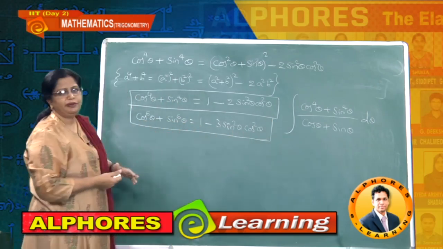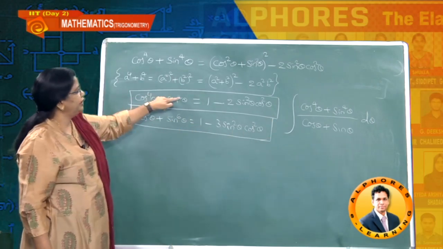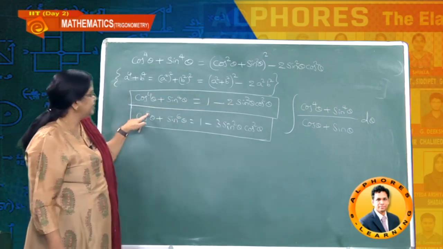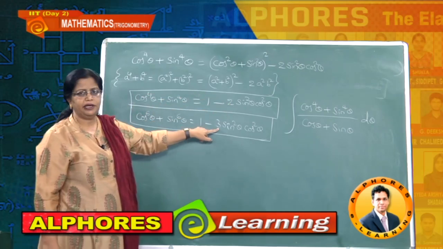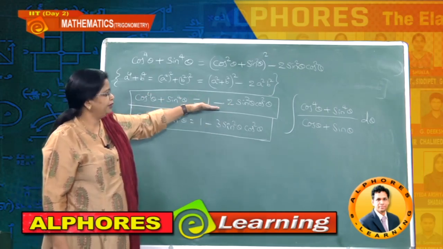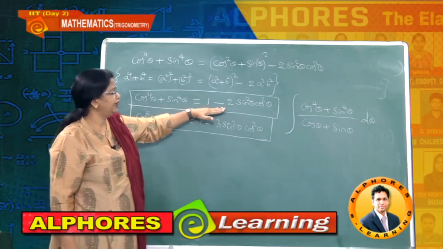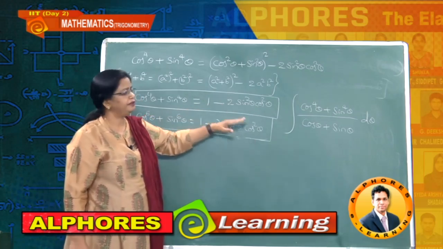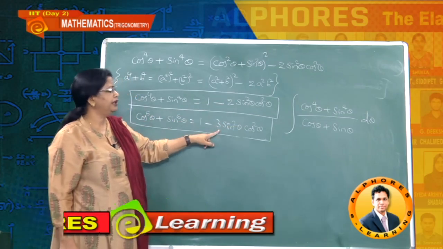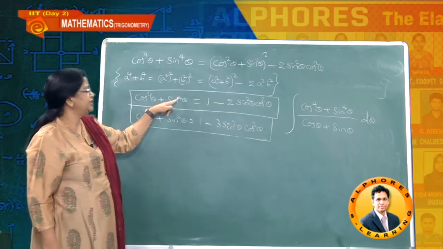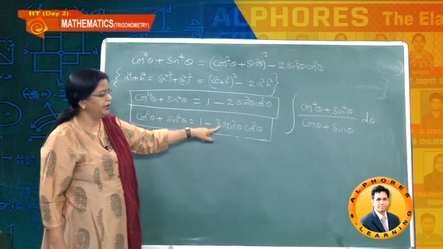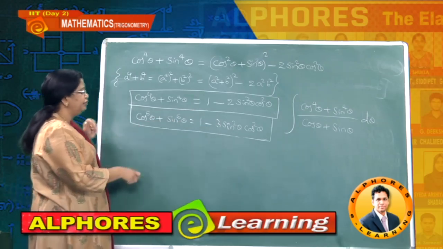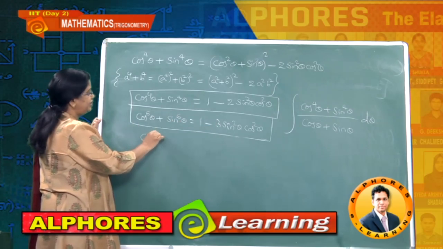For 4, exactly half the value is present here; for 6, exactly half the value here. Both are similar: 1 minus sin square cos square. Only thing, here 2, here 3; the 2 is exactly half of this value and this 3 is exactly half of this value.